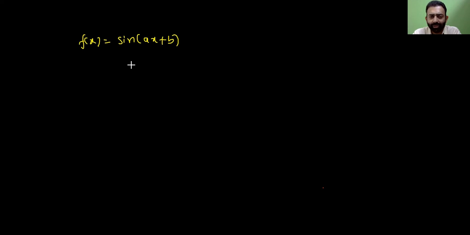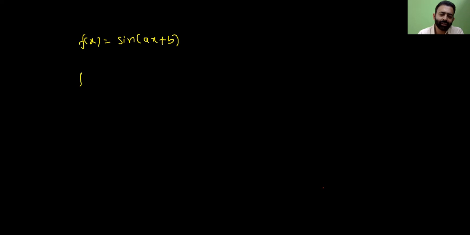We have done this for e raised to power ax plus b when we integrated exponential functions, and we have already done this in the log function. When any function is of the type 1 upon ax plus b, its integral is ln of ax plus b, and the coefficient of x has to be divided. Same thing we will do here.